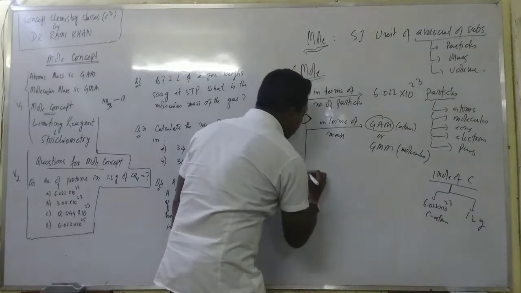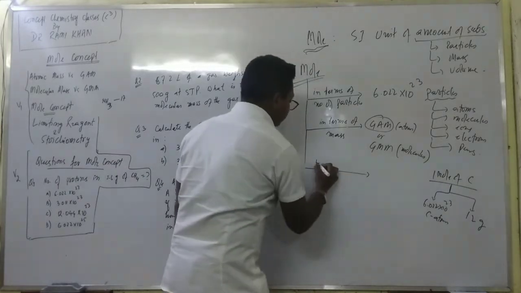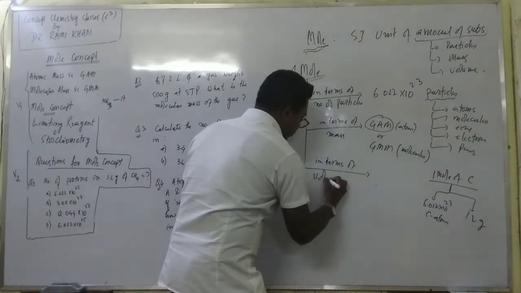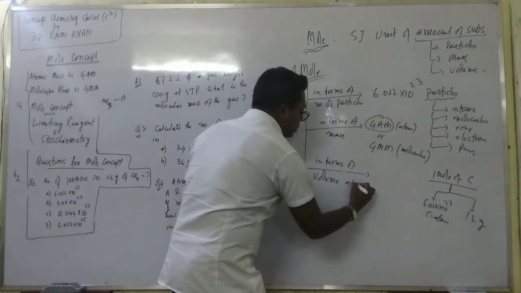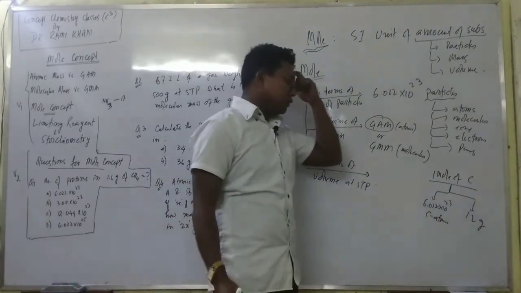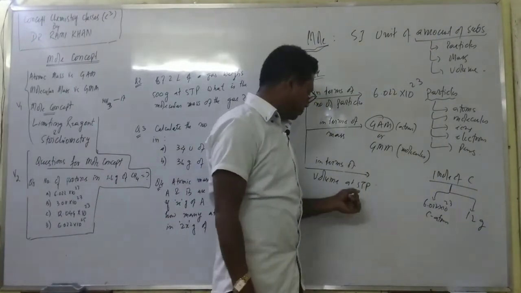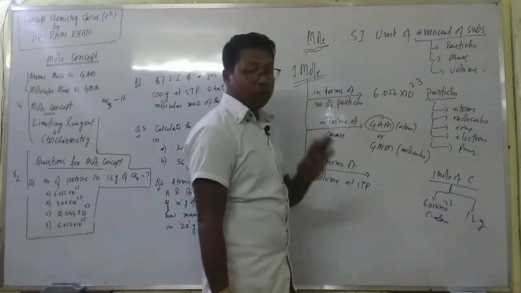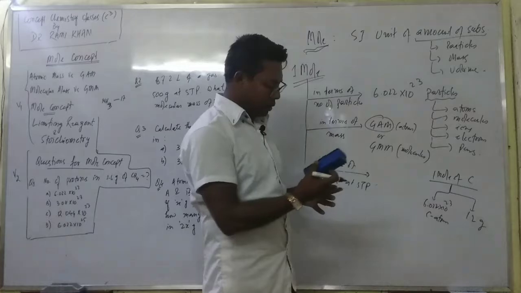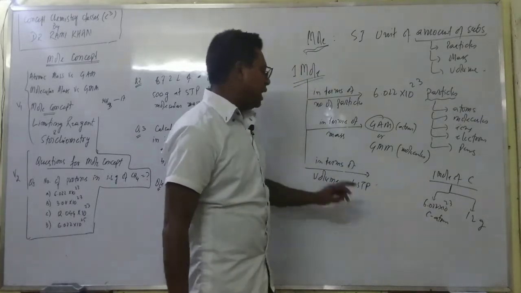So in terms of volume, at STP, this is important. The definition of 1 mole in terms of volume is valid only for gas, first point, and it is at STP condition.